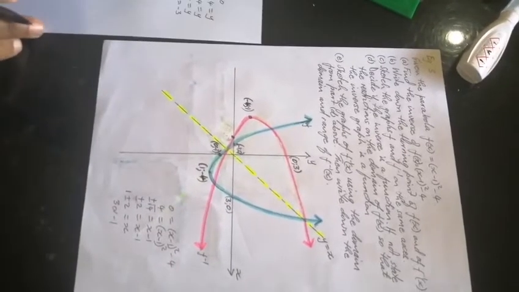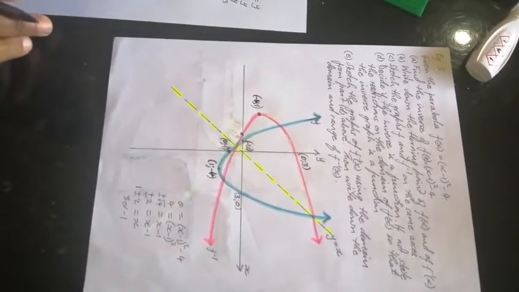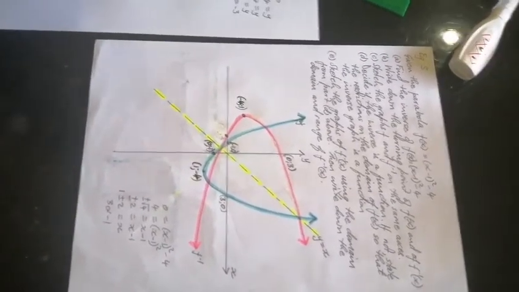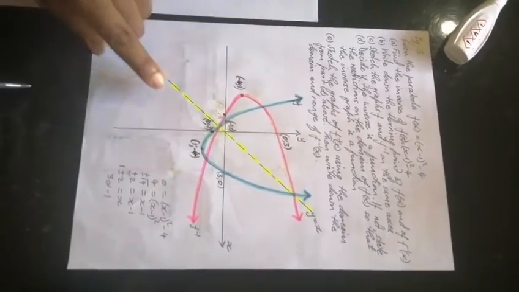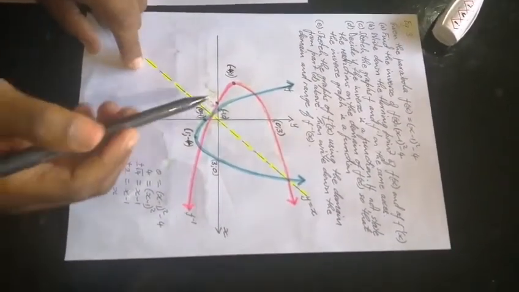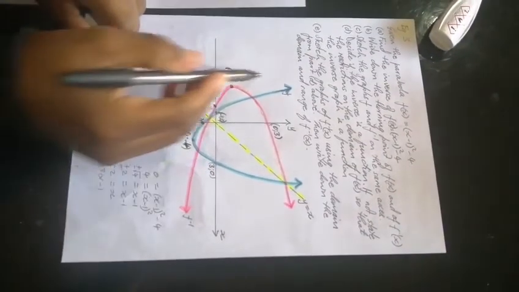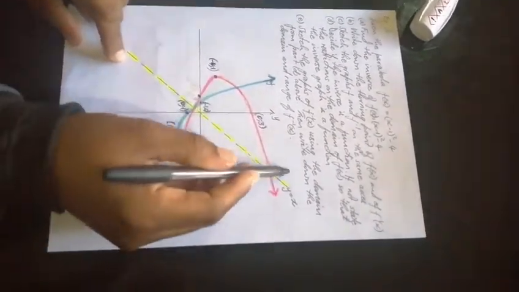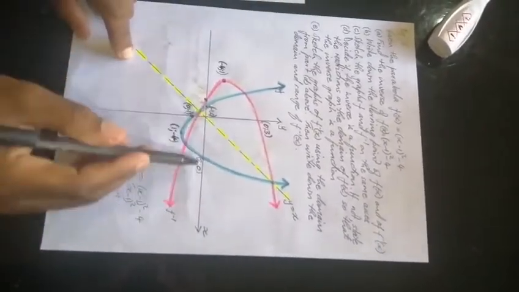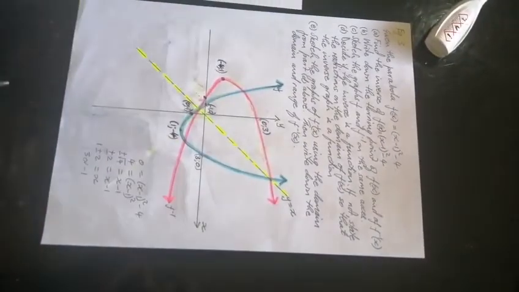And this is what we have on our graph. We have the points minus 1, 0 and 3, 0. Please, we are looking at f, where it is cutting the x-axis.